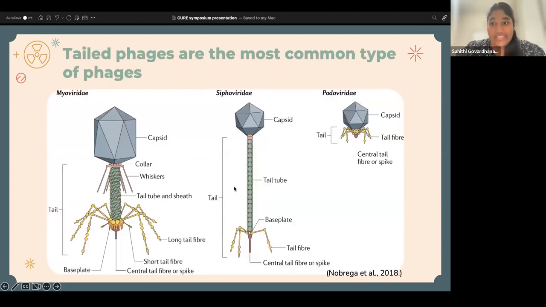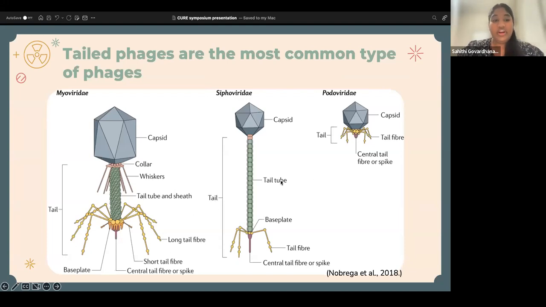So the most common type of bacteriophage are tailed phages, and they have a head, which is an icosahedral, meaning 20-sided, protein capsid, which contains the genetic material. And they have a tail that consists of the tail fibers as well as the base plate. The tail fibers and the base plate help the bacteriophage find its specific host cell and attach to the host cell.